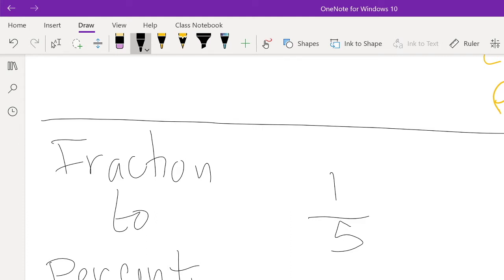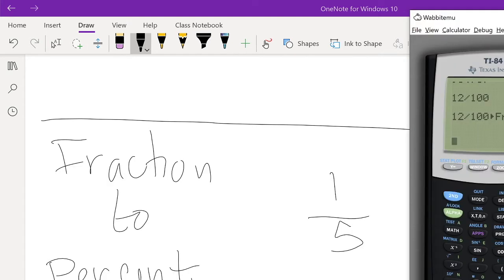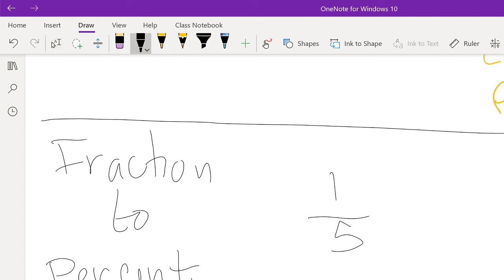The quickest way here, again, since we have technology available to us in the form of a calculator, is to type 1 over 5. Again, remember, a fraction is nothing more than a division problem. We hit enter, and as a result, we get 0.2, or 2/10.